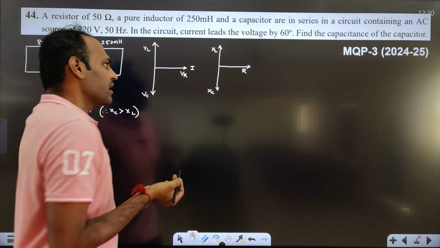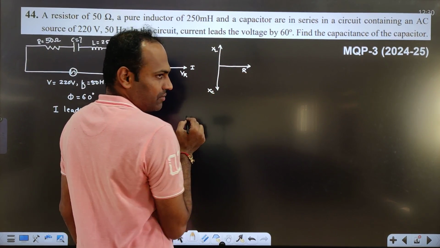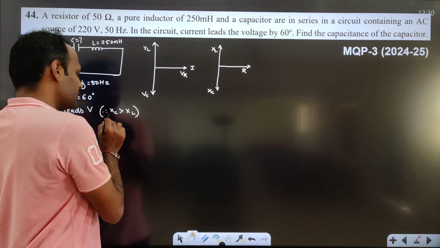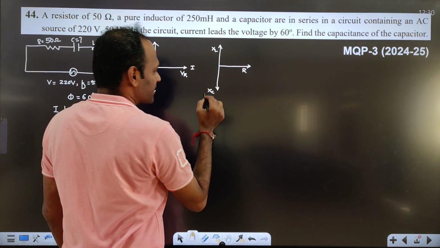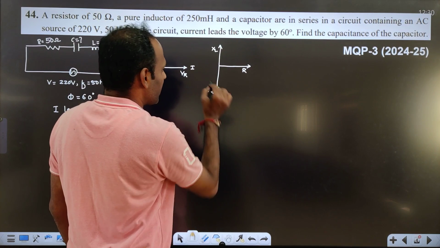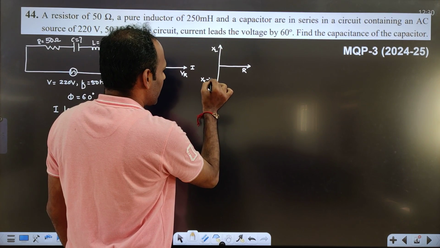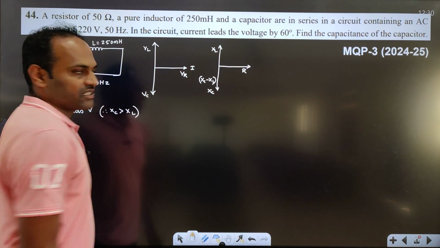Right? Okay. Next, now here we have XL, here XC, and here R. We know very well XC is greater than XL. So the resultant of XL and XC will be XC minus XL, and that will be here, because XC is greater than XL.